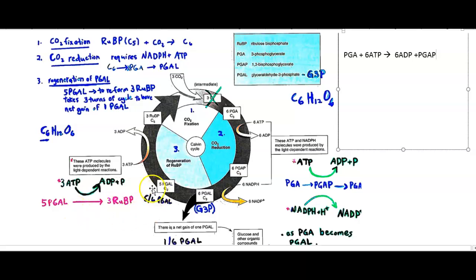So we notice we have 5 PGALs, each having 3 carbons. We need some energy to rearrange this molecule, getting that energy from ATP. Follow the arrow now, it's ADP. And it has transformed that molecule into 3 RUBP, each having 5 carbons.